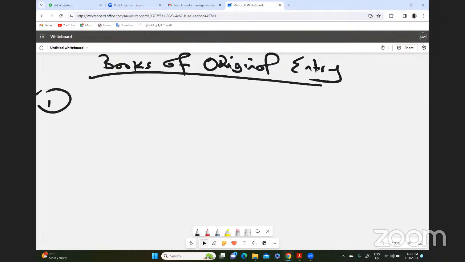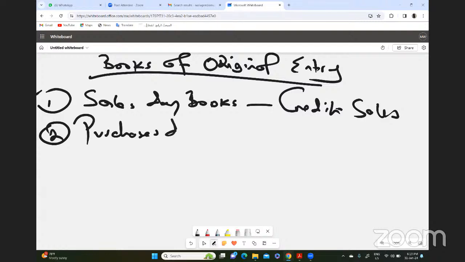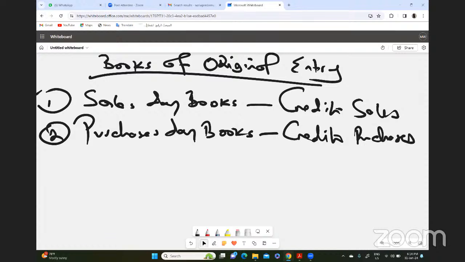Number one, the sales day book. This records credit sales. Number two, the purchases book. This one specifically records credit purchases.